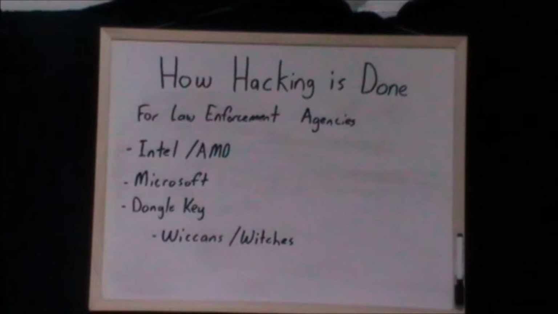And with the dongle key, they can select a person. So for example, they've got a particular person that they do not like. The computer gives them access to everything on that person.